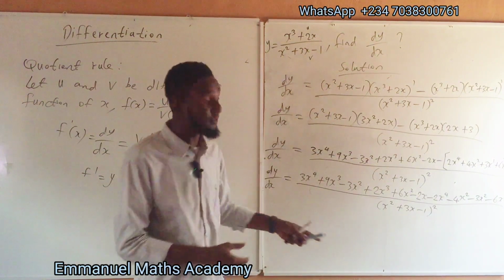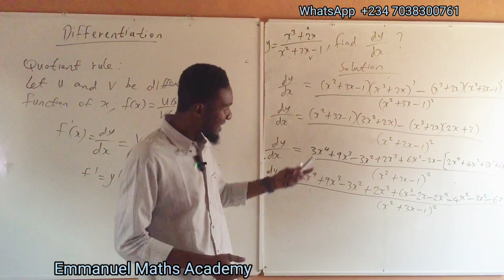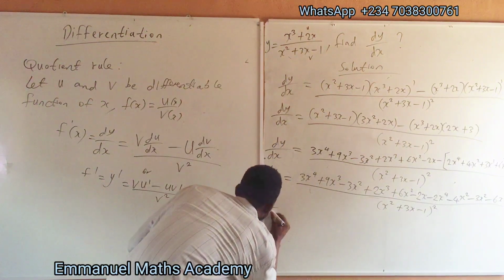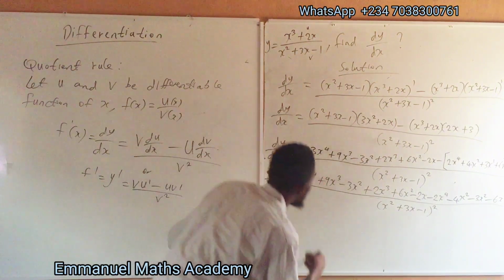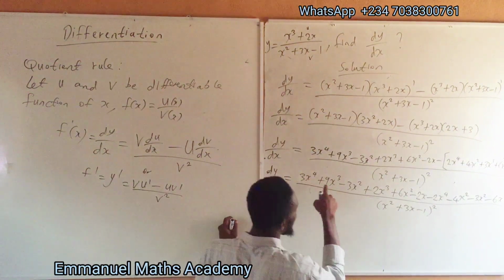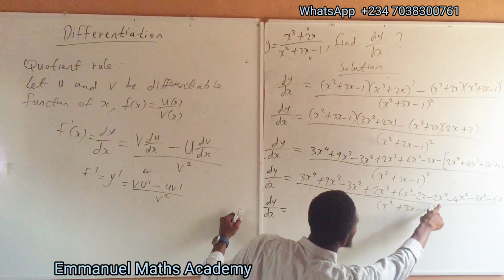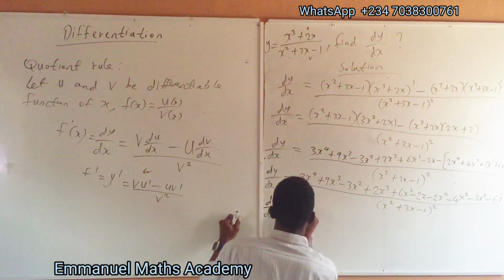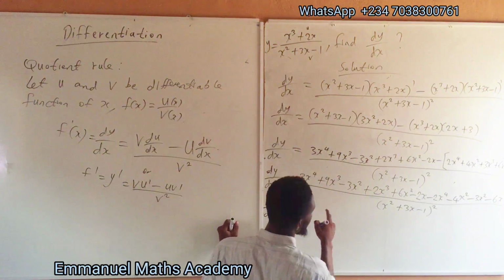Now, you can decide to leave your answer like this, but to simplify this further, you have that dy/dx is equal to what? 3x^4 plus what? This minus this, you have x^4.